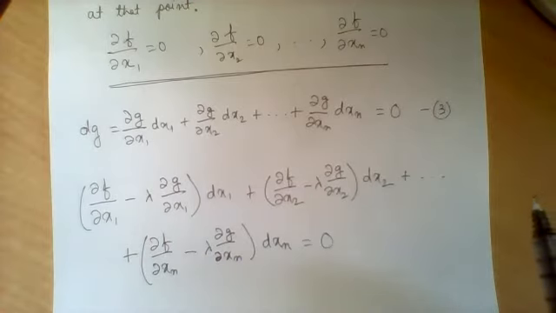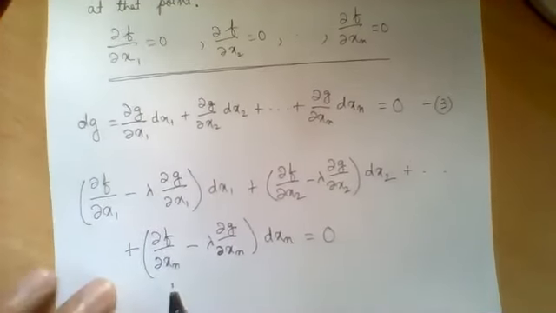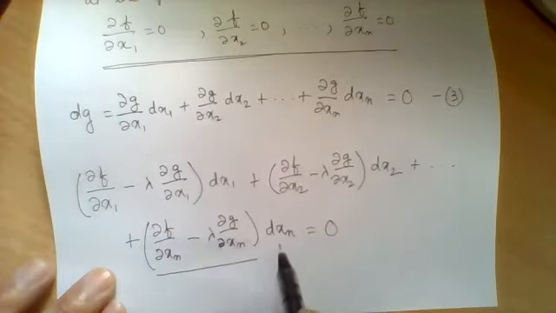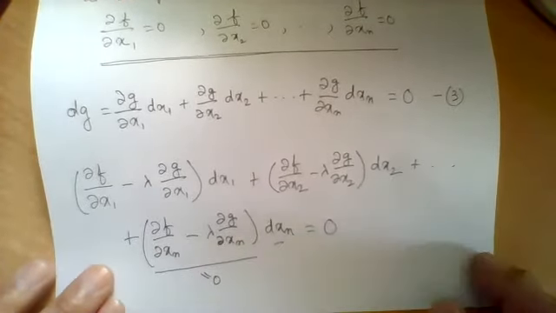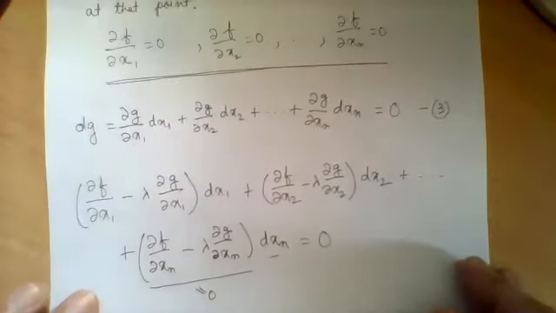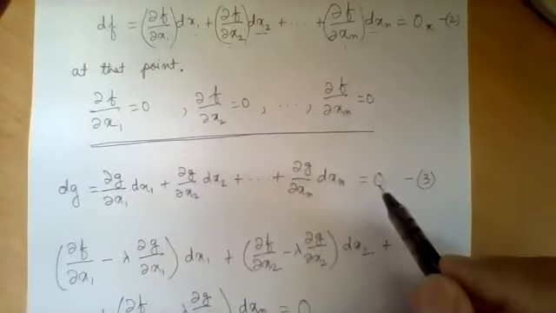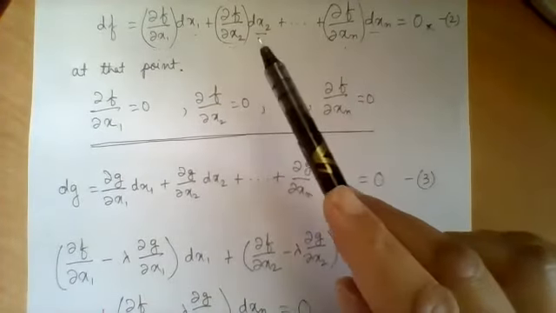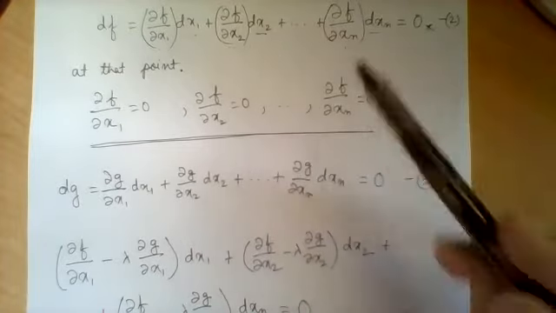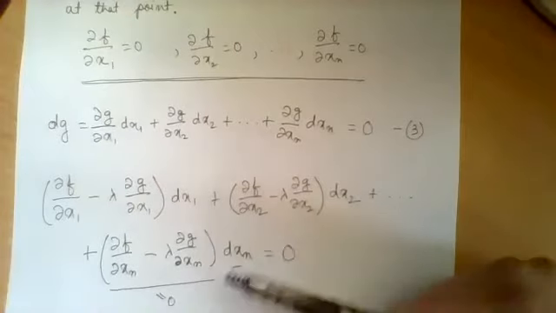By a clever choice of lambda, we can make this coefficient of dxn 0. Lambda is a parameter; we subtract lambda times equation number 3 from equation number 2, and we obtain this equation.